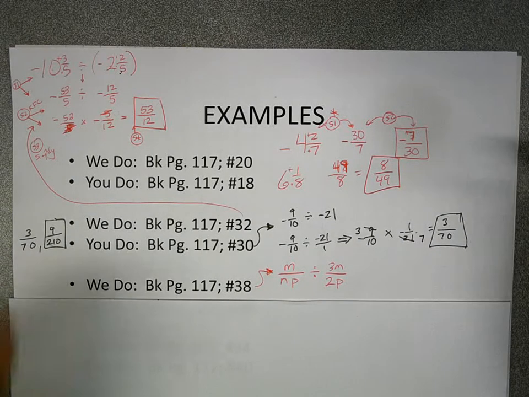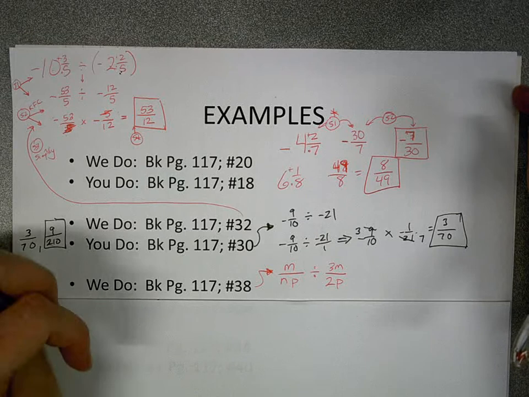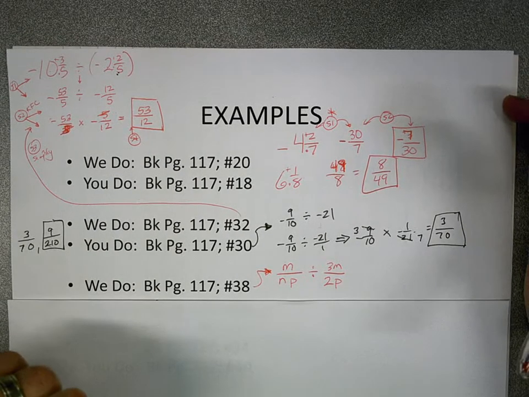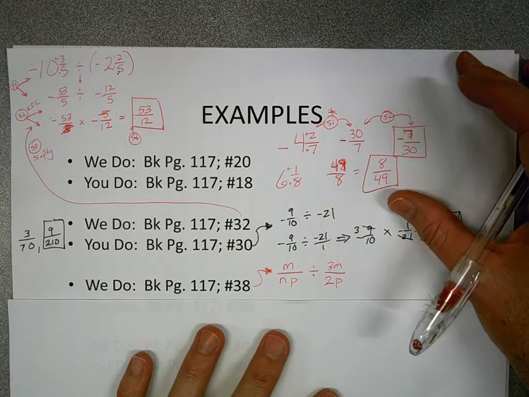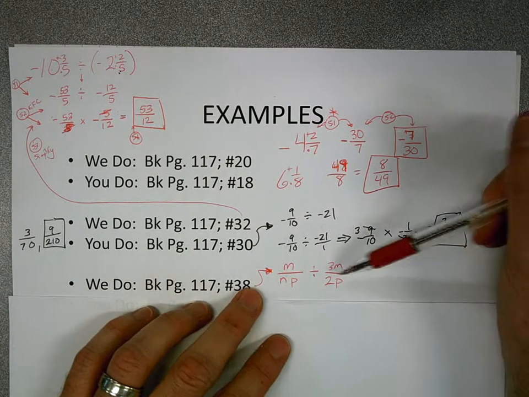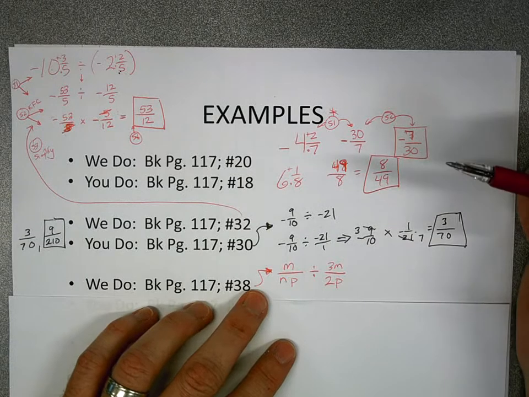Watch carefully. Every step I've already taught you is going to work on this. Step 1 is change it to improper fractions. We don't have to worry about that on this one, there's no mixed number here.